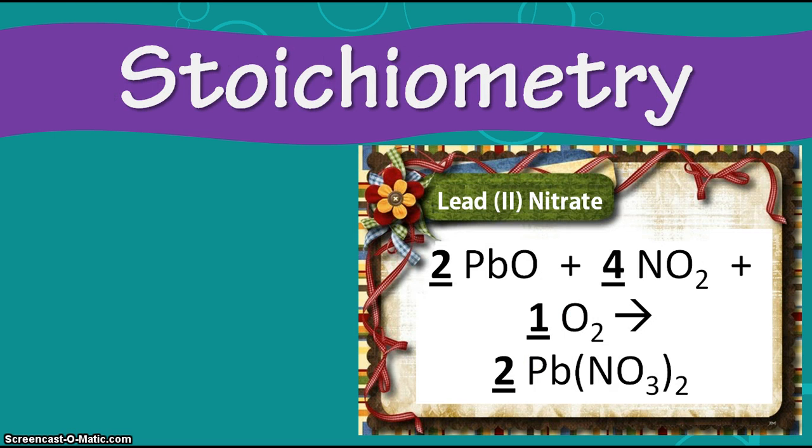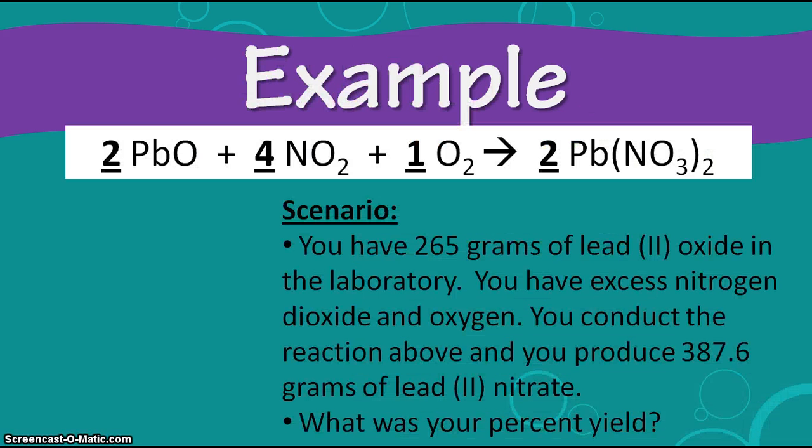So we're looking at our recipe for lead-2 nitrate once again, and we can see the mole ratio provided by the coefficients. So here's the scenario. You have 265 grams of lead-2 oxide in the laboratory. You have excess nitrogen dioxide and oxygen, so no need to worry that those will limit your reaction. All 265 grams of lead-2 oxide will react.